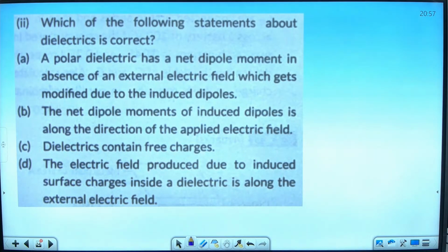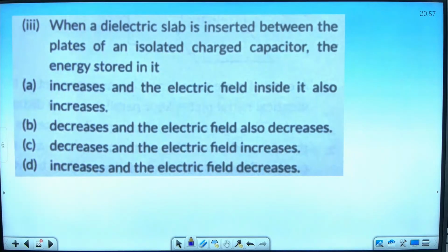Option D correct. Think here. Surface charge. No. B is correct. Net dipole moment of induced dipole is along direction of applied electric field, obviously, isn't it? Third question. The same. Good question this is.